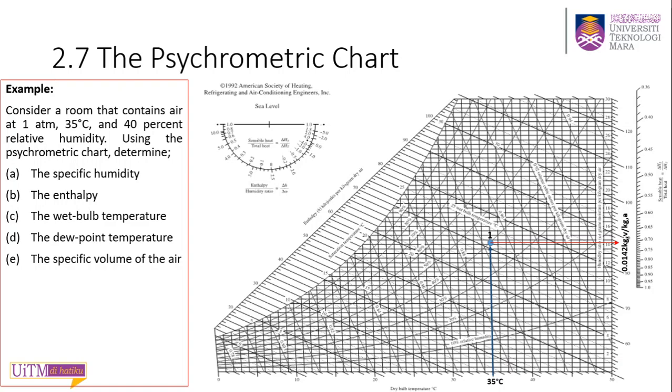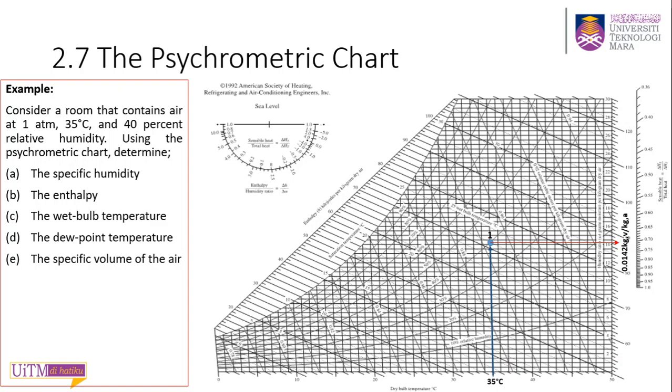If we read from the chart, it's approximately 14.2. But remember that we have to divide it by 1000 to convert the unit from grams to kilogram. So 14.2 divided by 1000, we get 0.0142. That is the specific humidity.